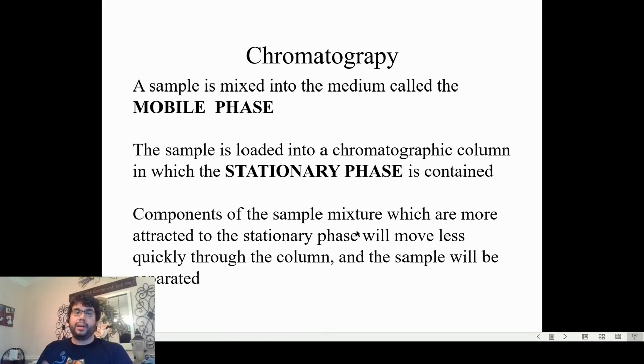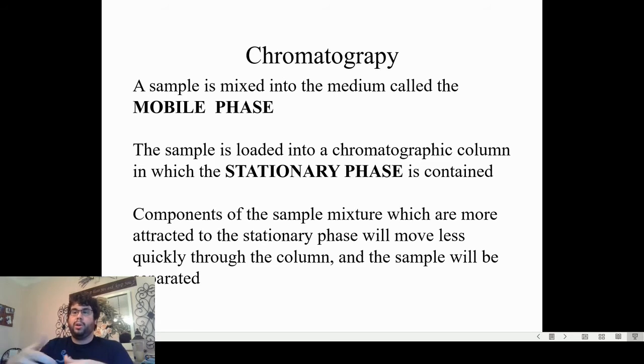So chromatography, at the end of the day, is really just this. You have a sample that is mixed into what is known as the mobile phase, and the mobile phase is the solvent that runs through either a thin layer chromatography piece of paper or a column or something like that. Also on the column or on the piece of paper there is what is known as the stationary phase.